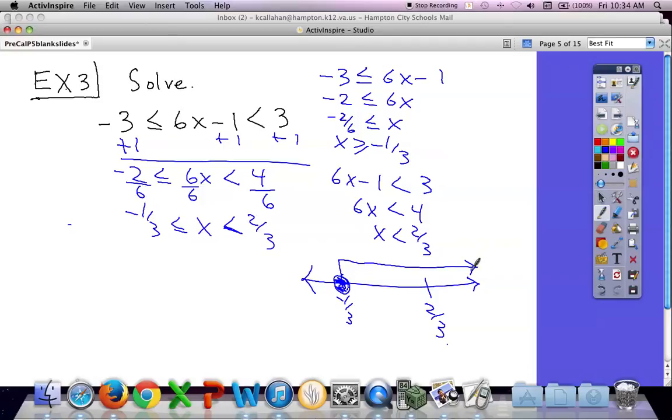X less than 2/3 would have been an open circle on 2/3, shade to the left. Okay, now where on that graph are both of those true? In between, right? It's the overlap that you're looking for. So it's in between here, so you say negative 1/3 less than or equal to x less than 2/3.